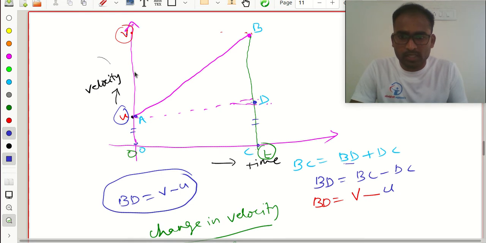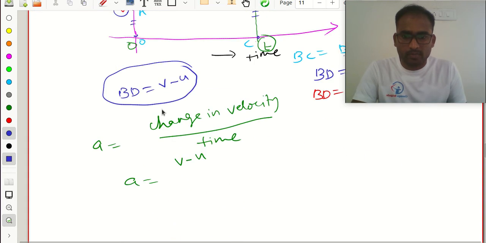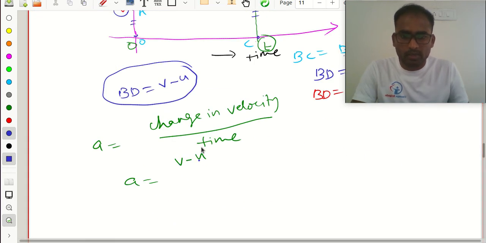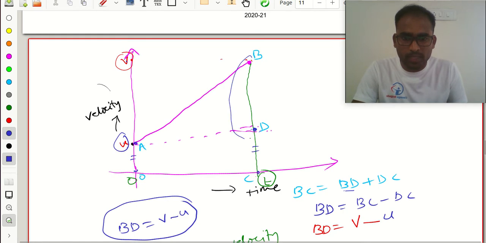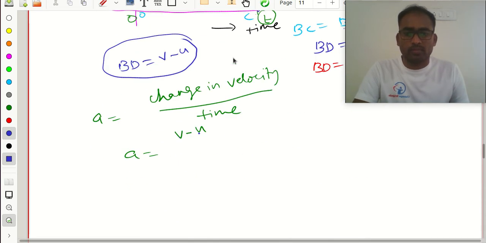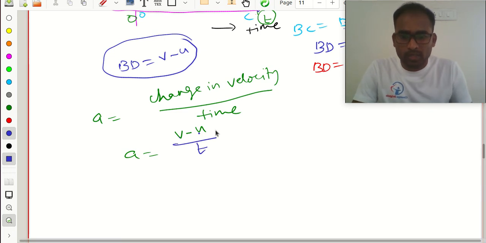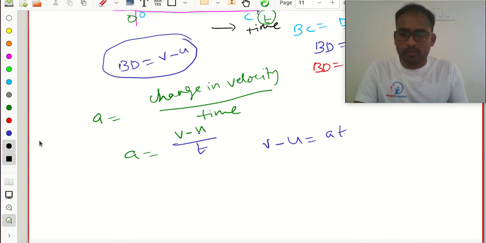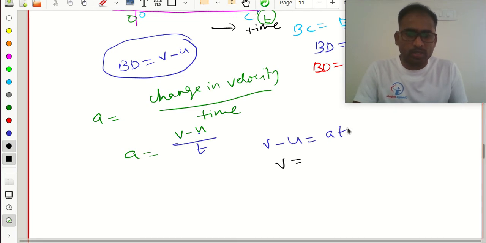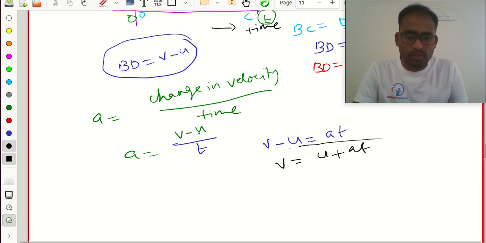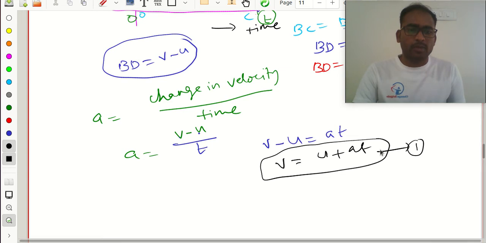The change in velocity value is final velocity minus initial velocity, that is V minus U. Or we can say directly from this graph, this BD value, change in velocity upon time t. So V minus U is equal to A multiplied with t. From here V is equal to U plus A t. This is the velocity and time relation.